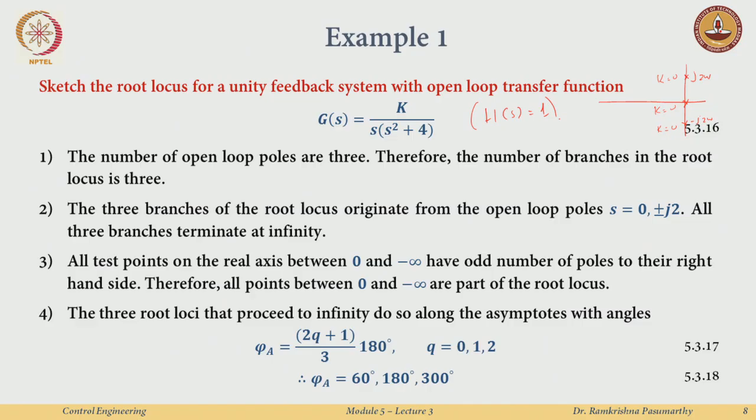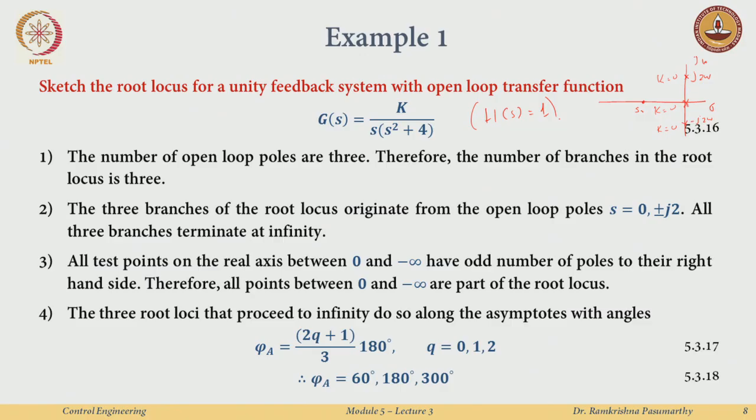Now, how do they go to infinity? First, rule number 1 told me that it is symmetric. Rule number 2 told me that all will go to infinity. Rule number 3 asks whether a point s0 on the real line is on the root locus. If I am here, I look to my right and see how many poles there are.